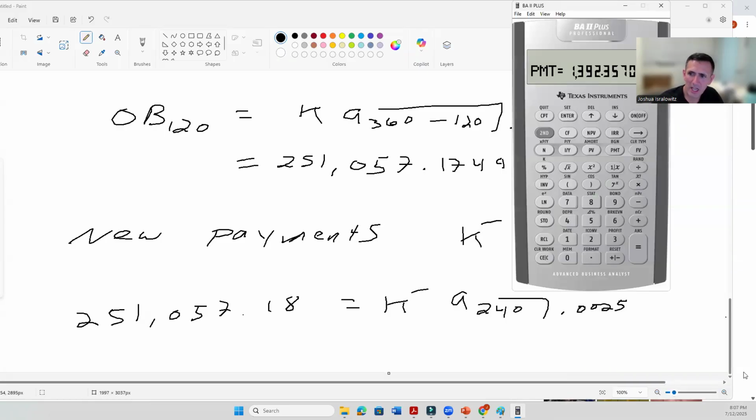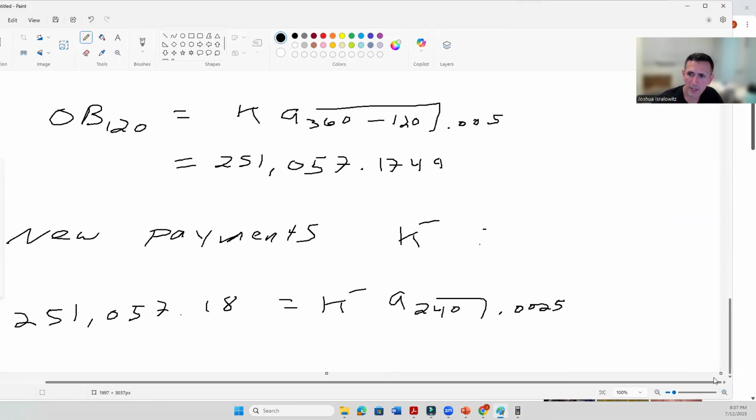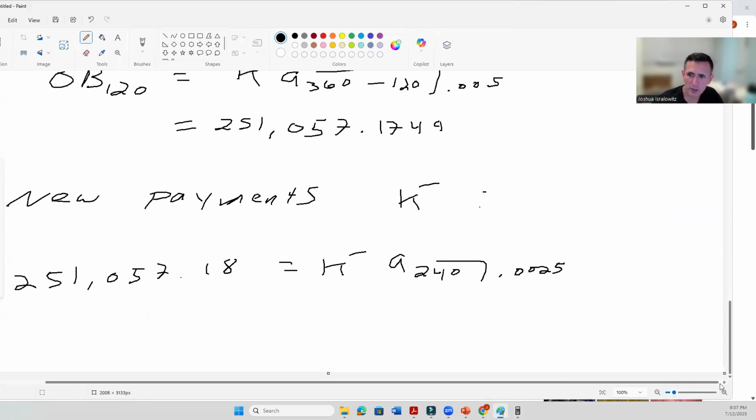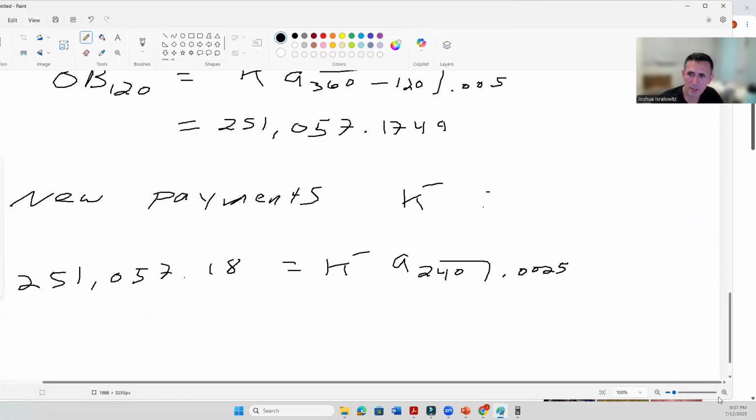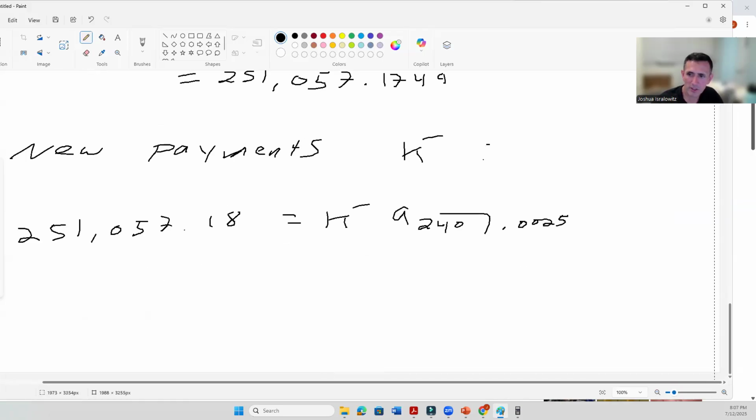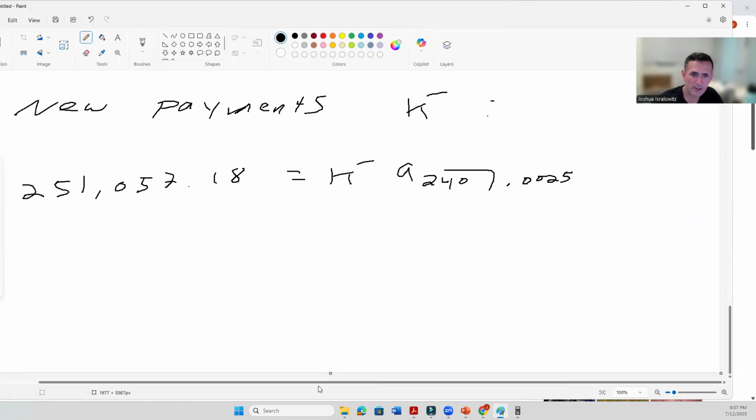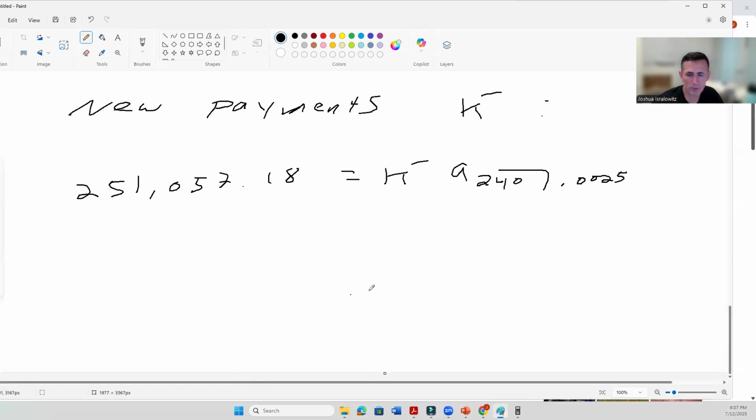There's definitely not any rule of thumb like a certain percentage decrease gives you a certain payment decrease. That would be interesting to analyze mathematically for practical sake. But yeah, so K prime is 1392.36.